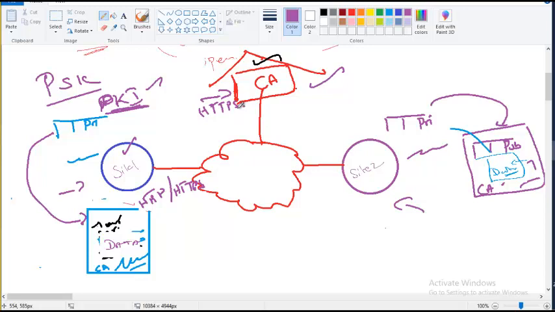So explaining it step by step. Site 1 requests the certificate from site 2. Site 2 provides the certificate, using which site 1 is going to encrypt the key and send it to the other side.